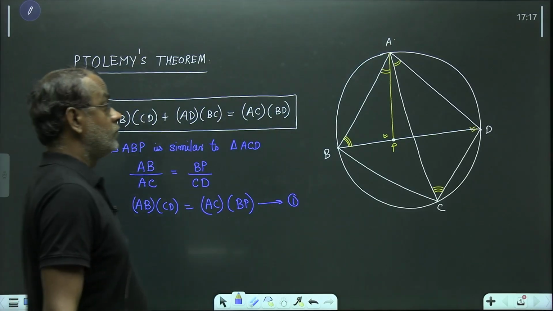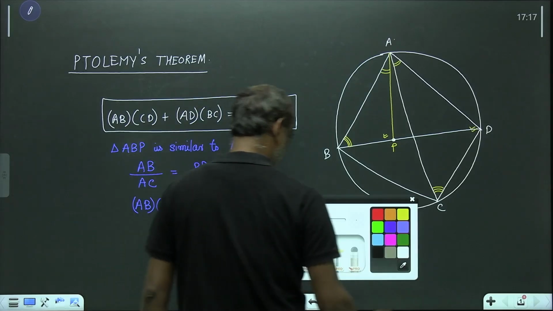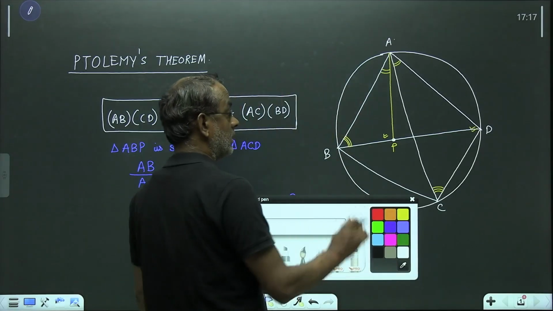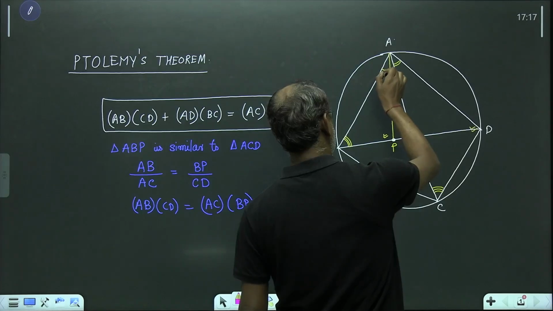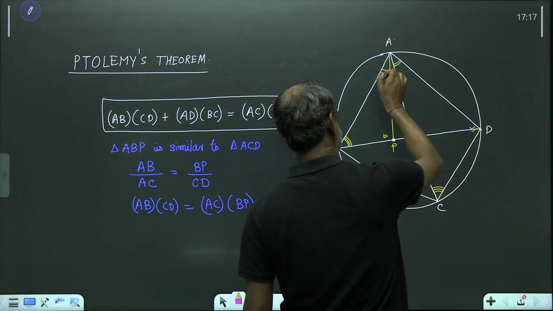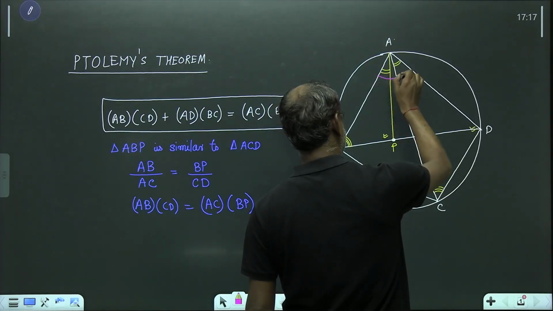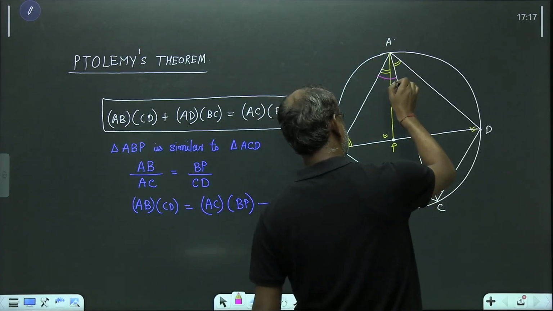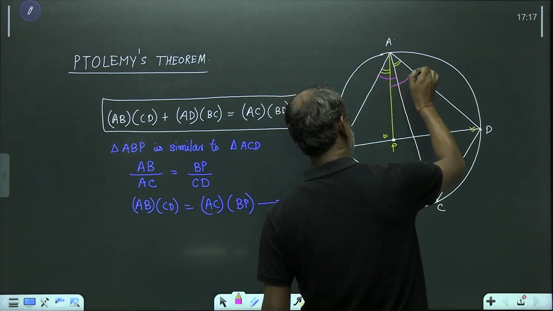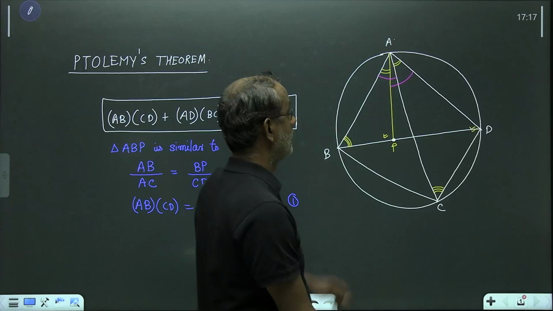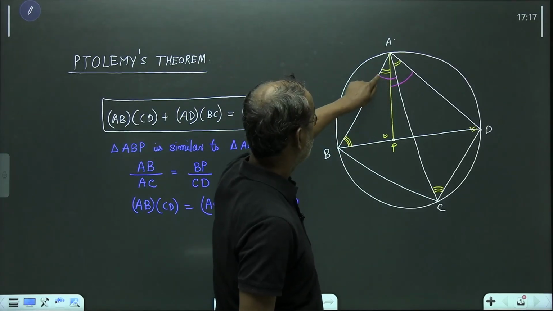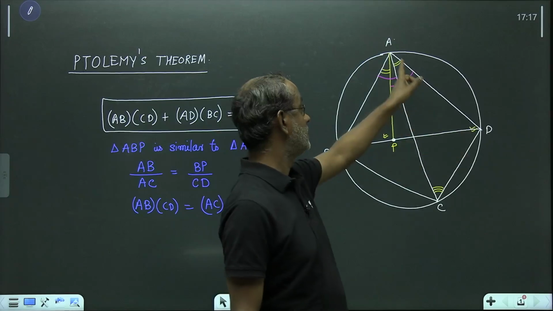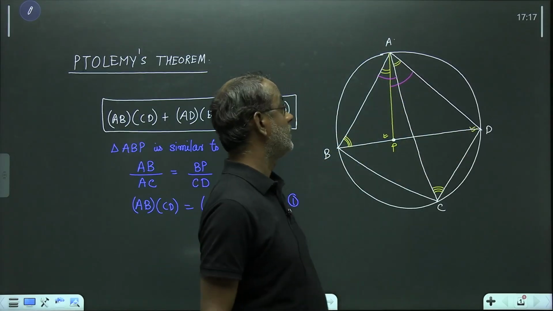Now I think you are able to fathom what we are going to do next. Watch very carefully, this angle and this angle are equal. Are you getting it? Say this is some theta, this is alpha. So this pink angle is theta plus alpha. This is theta, then this pink angle is also theta plus alpha.